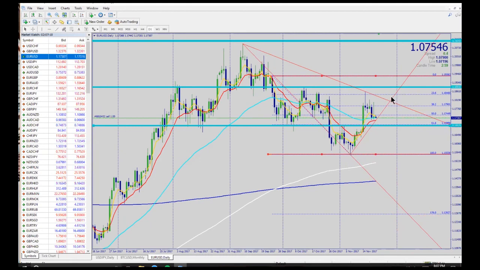This triangle that it's in, from the very top, the two points, and it's sitting right here at 50. So like I said, I'm in the sell right now, and I'm projecting it to drop down at least to this 61.8. If it touches here and rejects, it goes up. If it breaks, it's going to go down. And this is on the day chart.